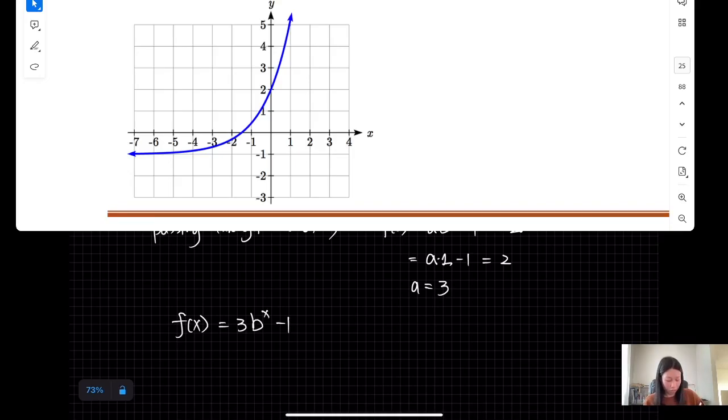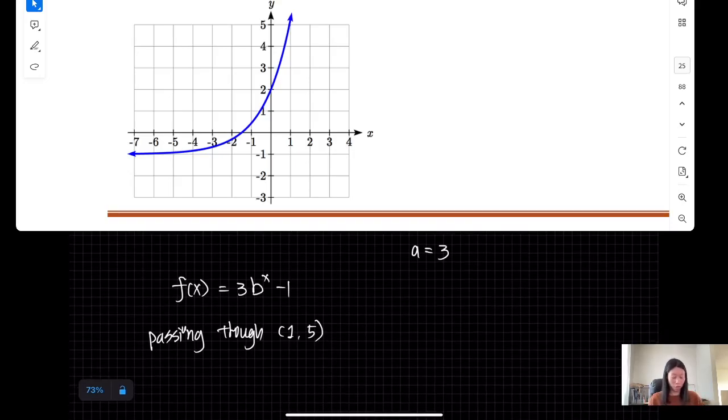This is also passing through (1, 5), so we can substitute (1, 5) into the function. I will have 5 = 3 times b^1 - 1. And when we solve it, I have b equals 2.